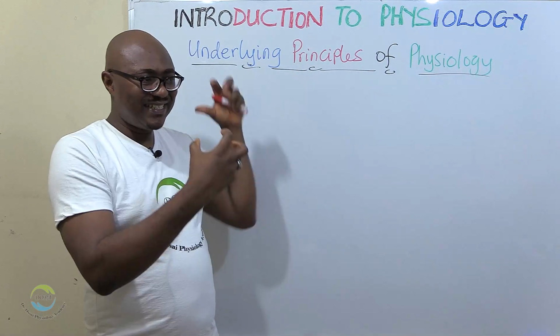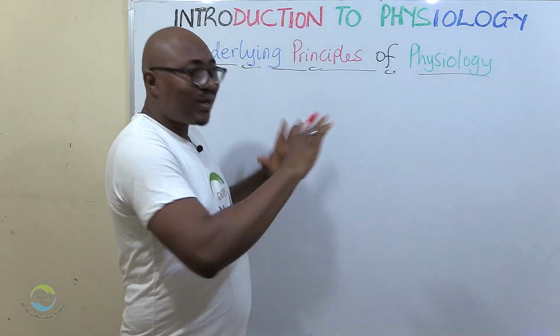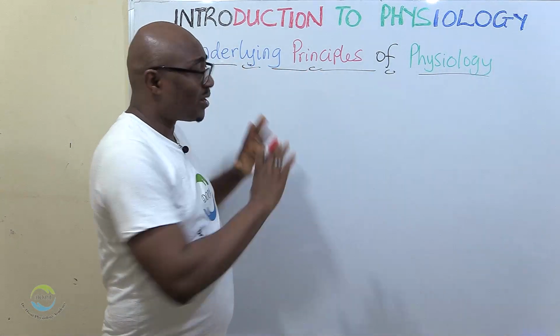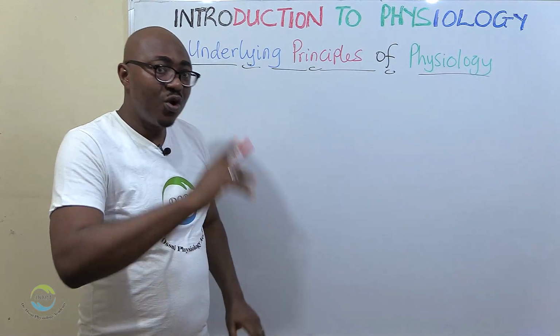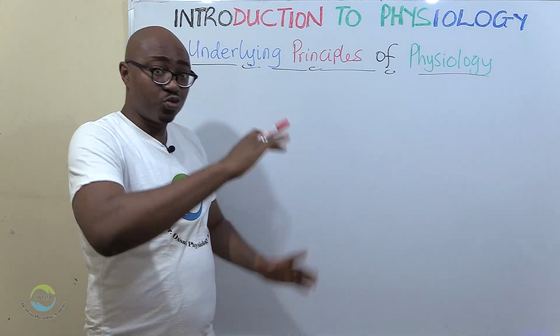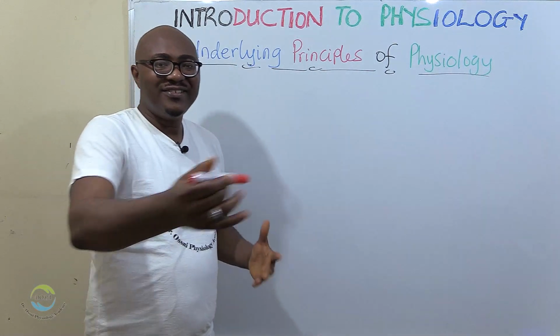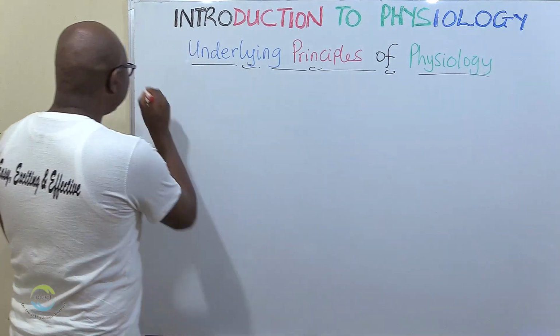You associate this information with what you already know. Usually in a field like that, you have just about 3 to 12 principles. But in this one, we are going to be talking about 7 underlying core principles of physiology that you need to know and understand. Every other thing in physiology relates to these 7 things. All right, so let's go straight into it.